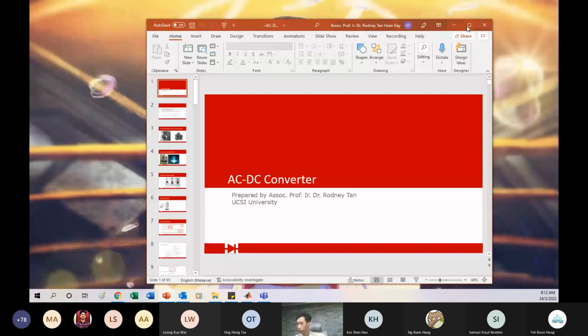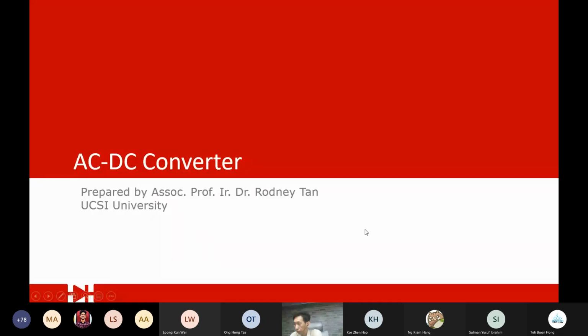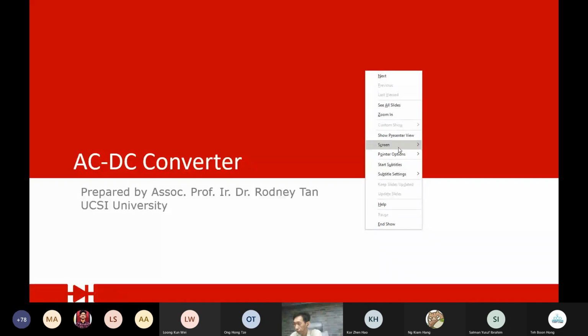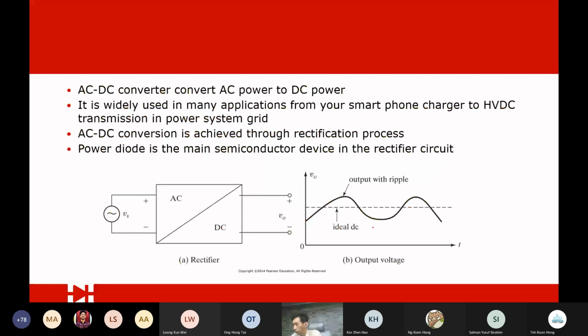All right, so we are moving to the last chapter already, which is the AC to DC converter. This is, I think, the most fundamental converter you have learned in analog, when we first learn about the diode.